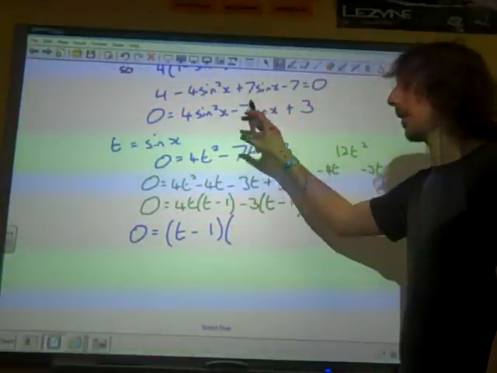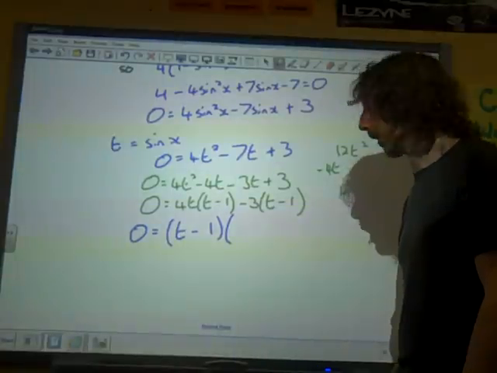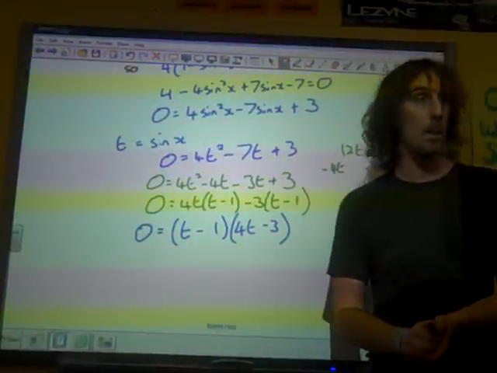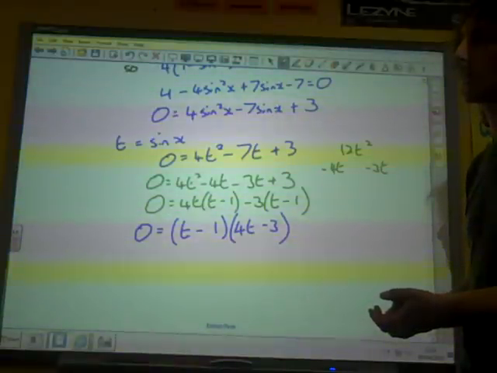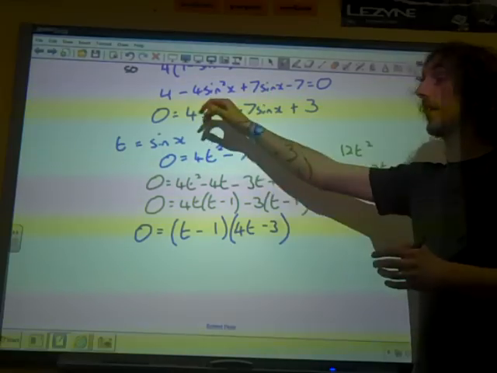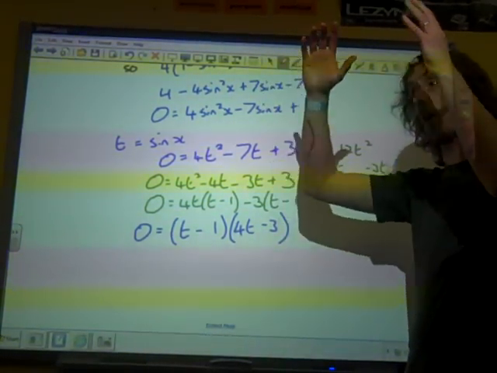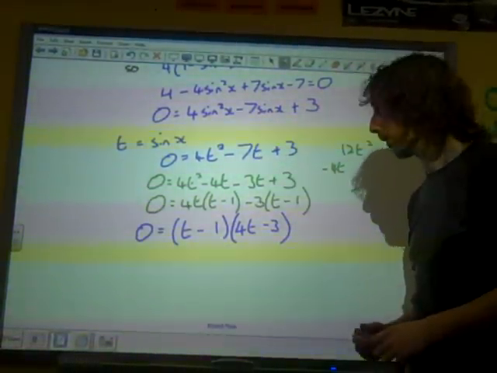Here we go, 7 times sin x is 7 times t. We'll undo that at the end. Here we've got 4t minus 3. So when we write sin squared x, that means sin x squared. Sin x, okay, not the separate bits.